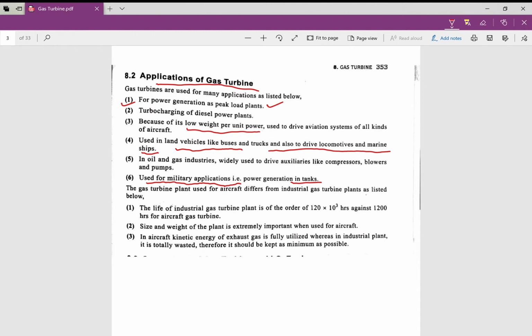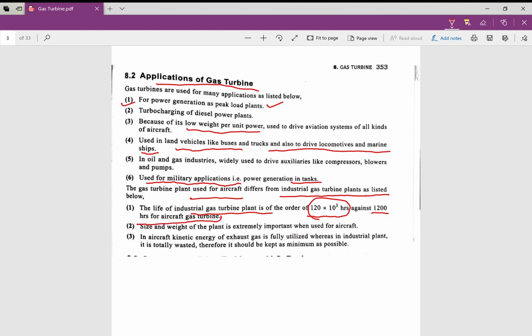Now, the gas turbine plant used for aircraft differs from industrial gas turbine plant. That is due to the life of industrial gas turbine plant, which is of the order of this much, against 1200 hours for aircraft engine.